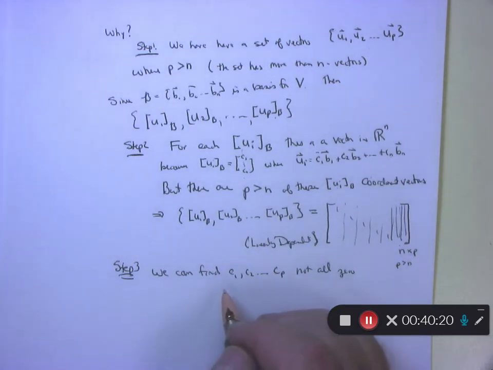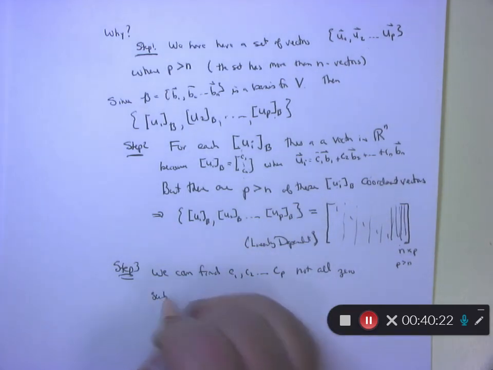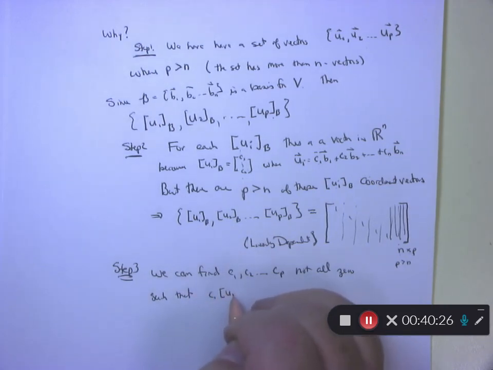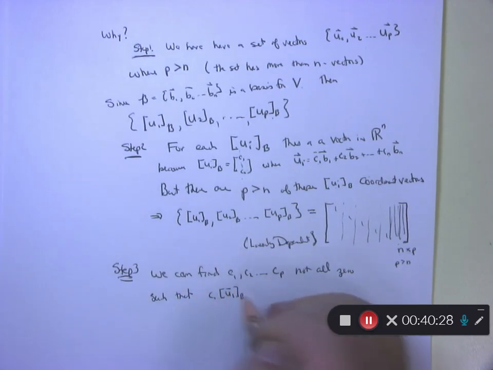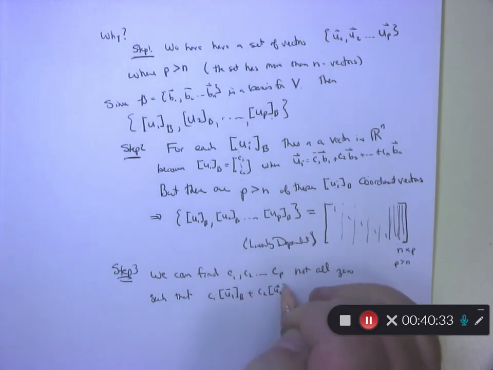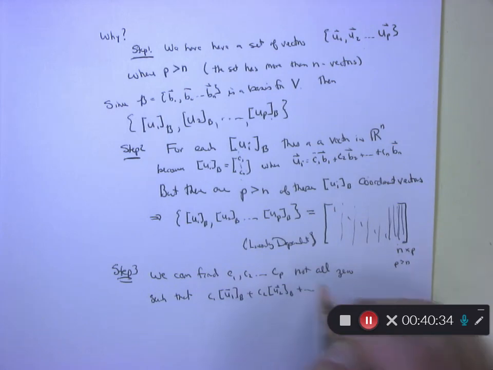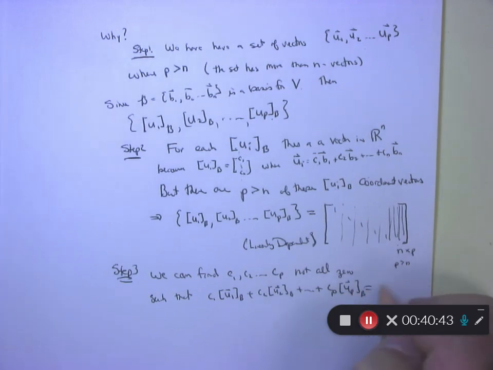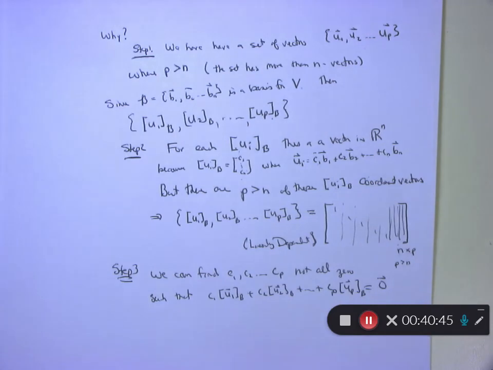Not all zero, such that C1 times vector U1 relative to the basis B plus C2 times vector U2 relative to the basis B plus dot dot dot plus CP times UP relative to basis B is equal to the zero vector.